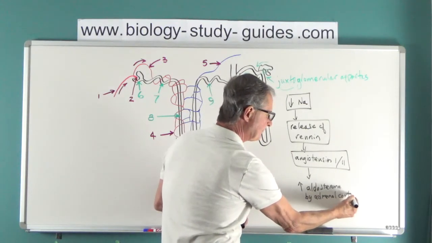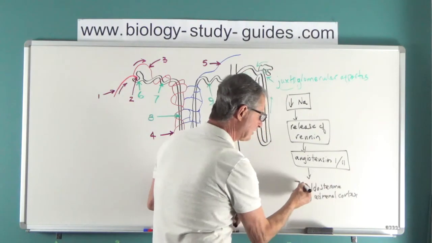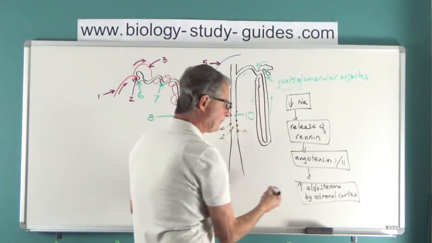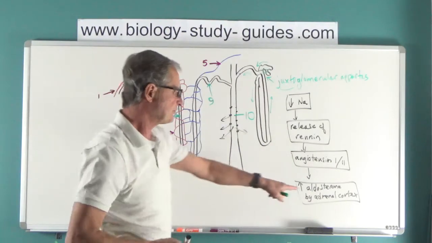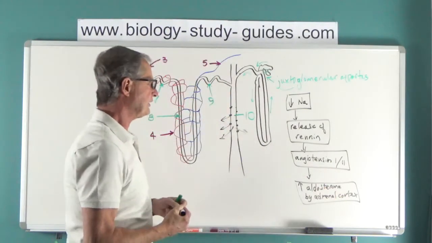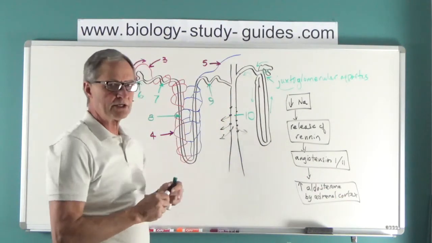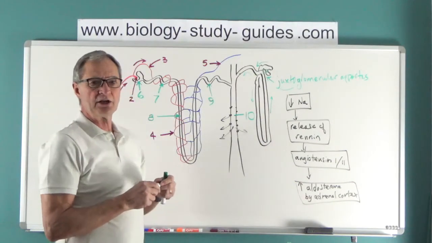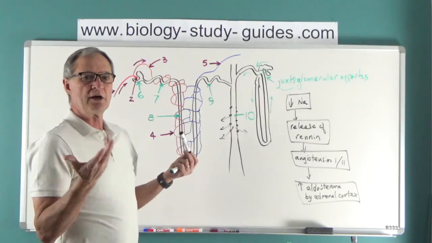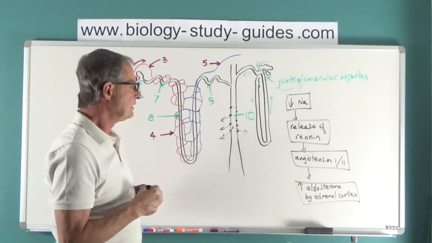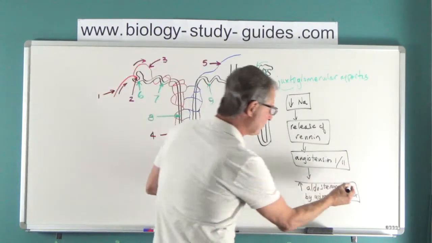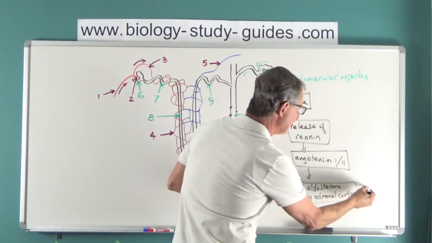Now remember, the adrenal gland has a cortex and a medulla, and we're just talking about aldosterone, which comes from the surface tissues, the cortex. So what the aldosterone does is combat the low sodium concentration. So we have a negative feedback loop here.